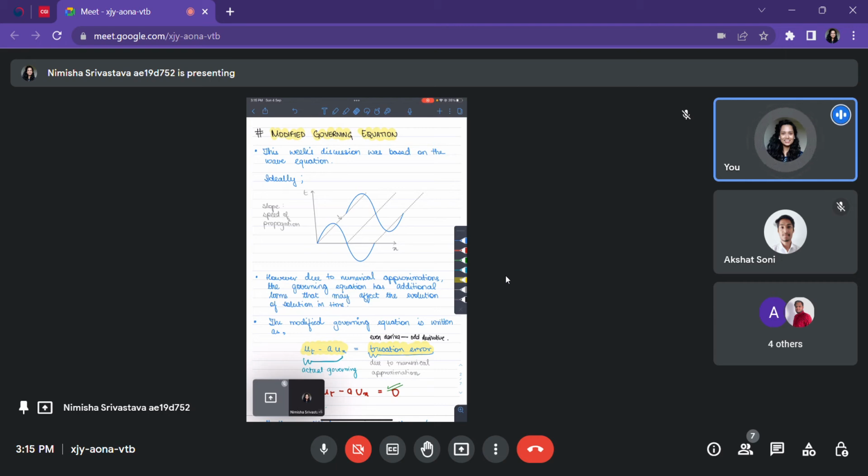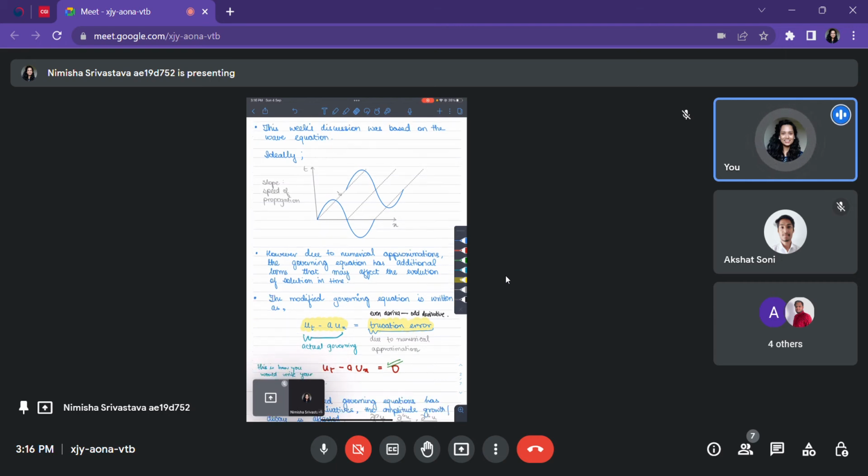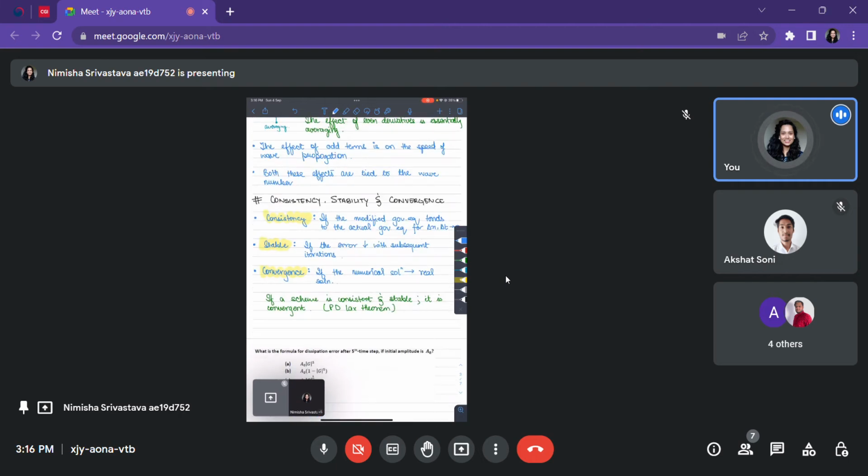Both of these depend on the wave number of whatever wave you're dealing with. So basically, if you have a solution that looks like this and then a solution that looks like this, both of those are going to have different behaviors when subjected to the same modified equation because of their wave number. Okay, we'll see what that means.